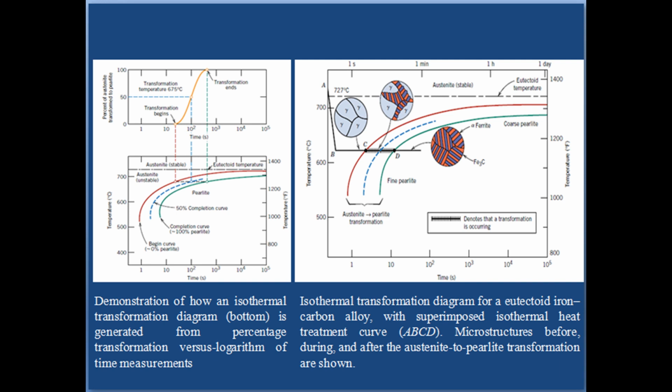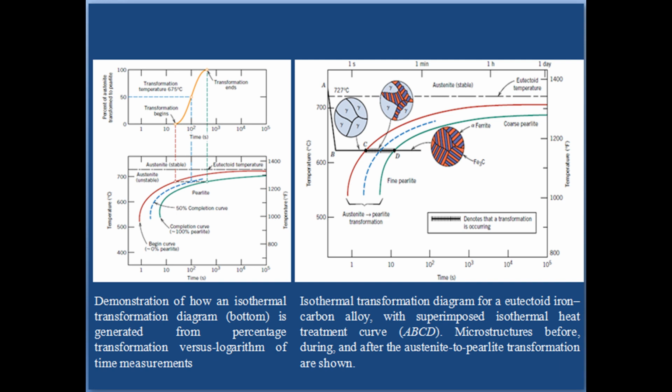Two solid curves are plotted. One represents the time required at each temperature for the initiation or start of the transformation, and the other is for the transformation conclusion. The dashed curve corresponds to 50% of transformation completion.